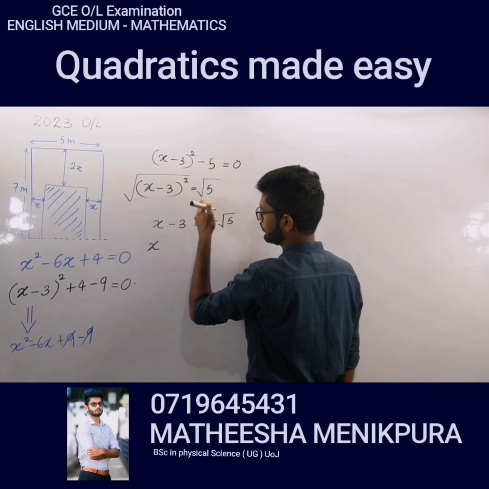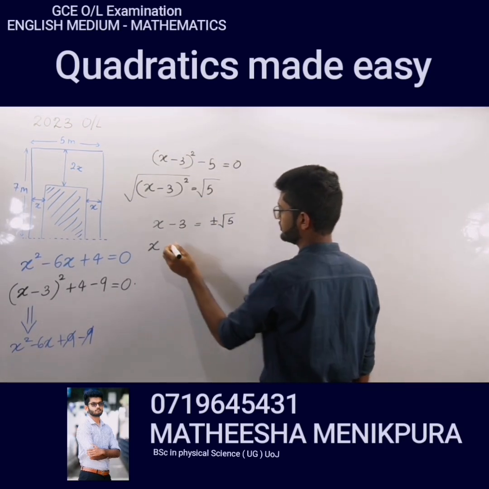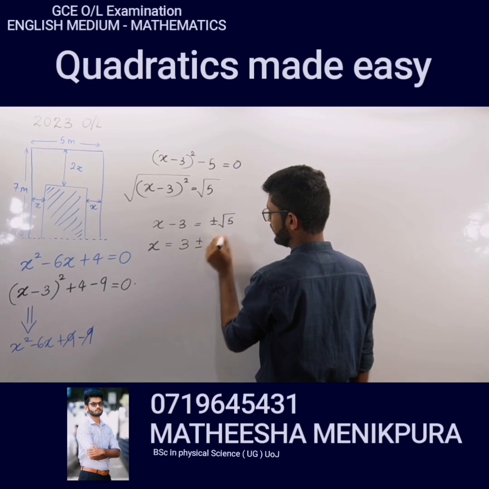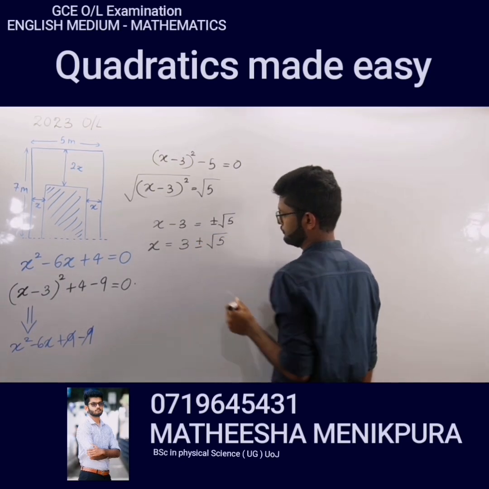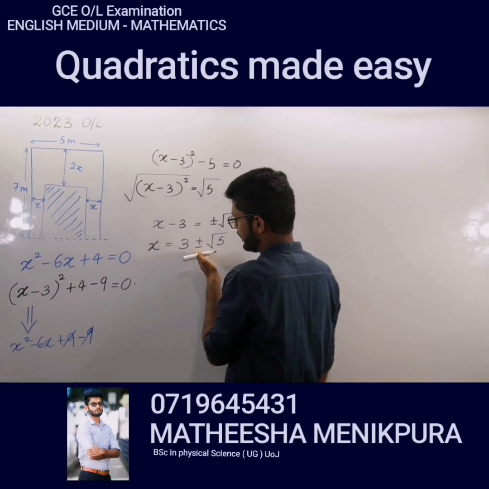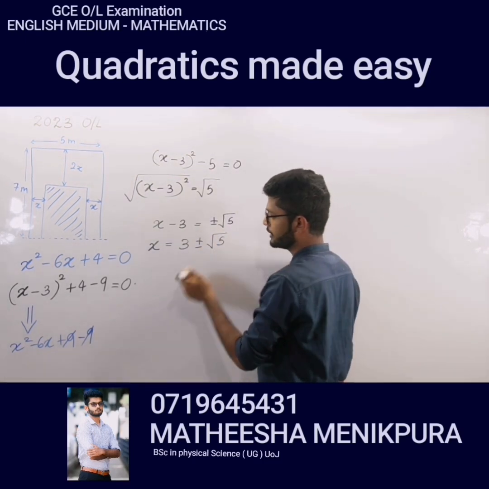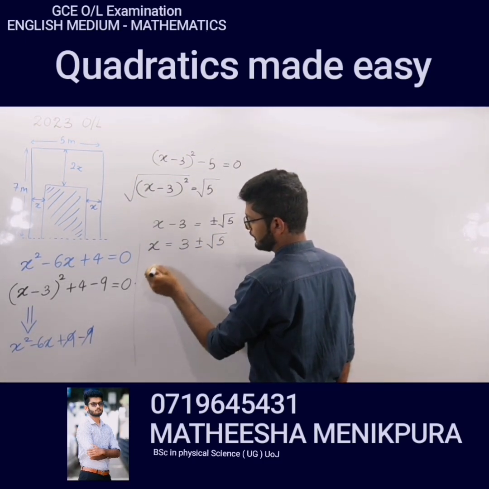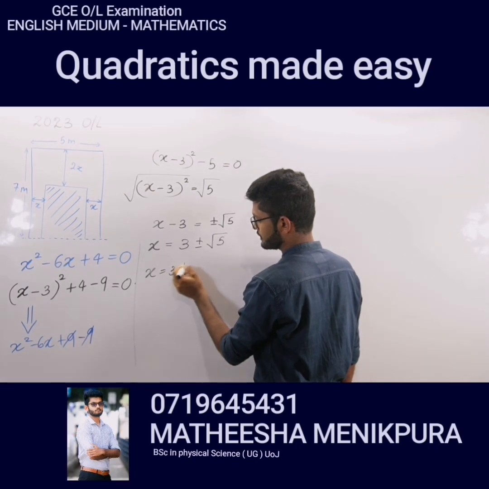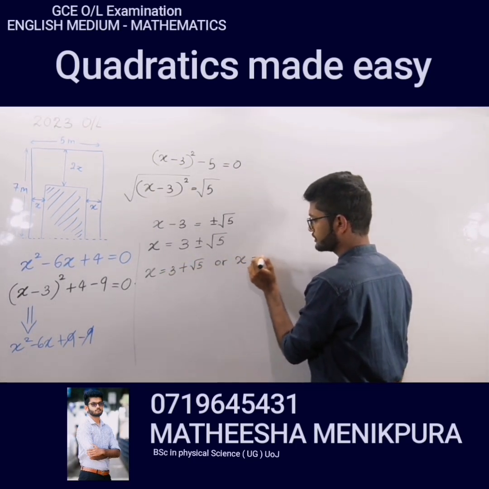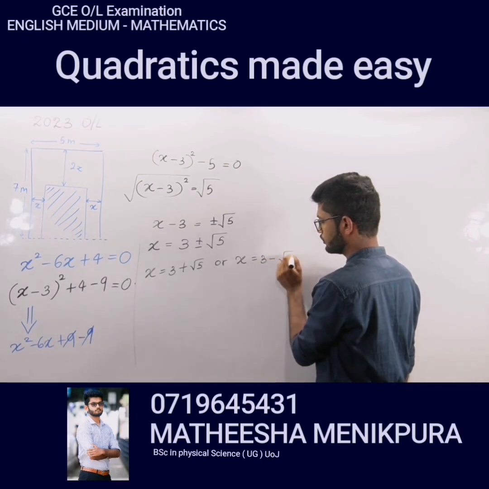To remove the minus 3, I have to add plus 3 to this side and plus 3 to the other side, and that is equal to 3 plus or minus square root 5. Here I have both plus square root 5 and minus square root 5. I'll take them separately: x equals 3 plus square root 5 or x equals 3 minus square root 5.